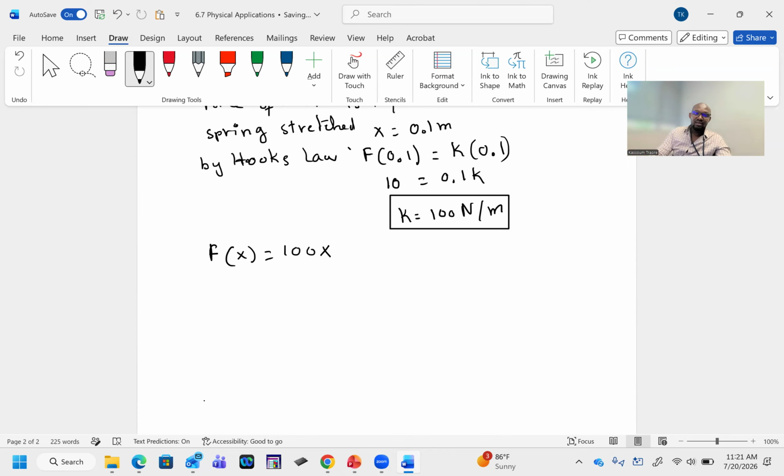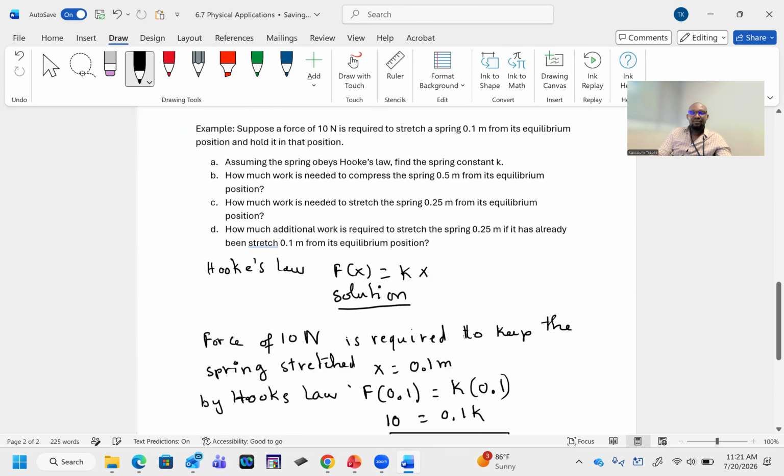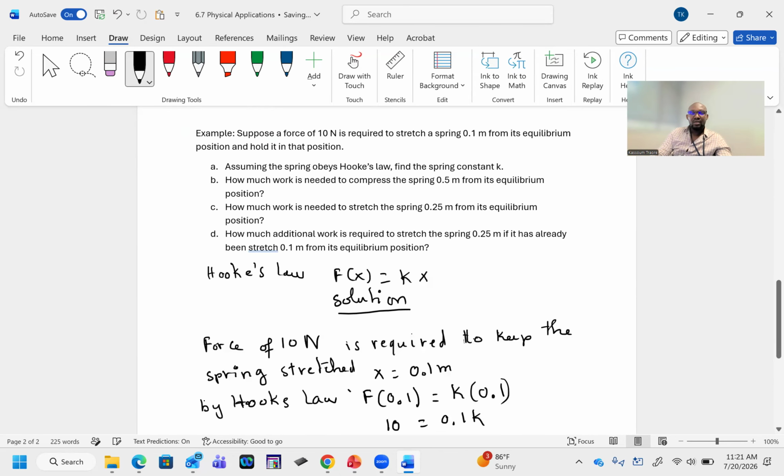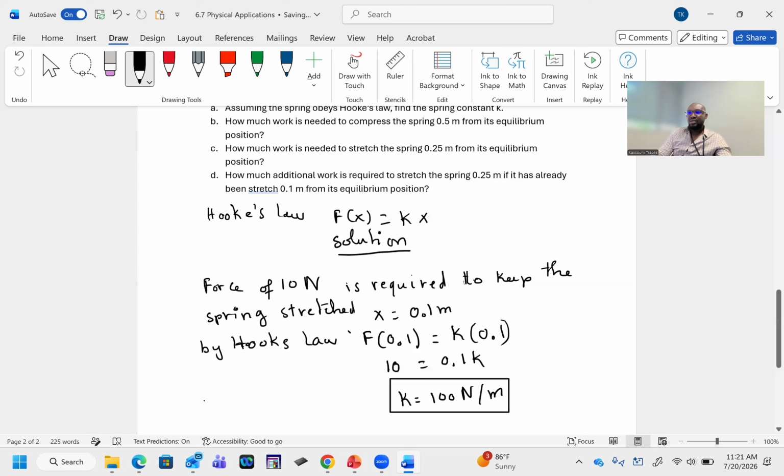B, the rest is easy now because we have the force. How much work is needed to compress the spring 0.5 meter from its equilibrium position?